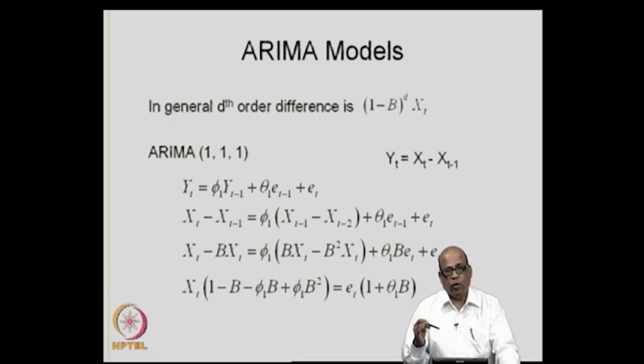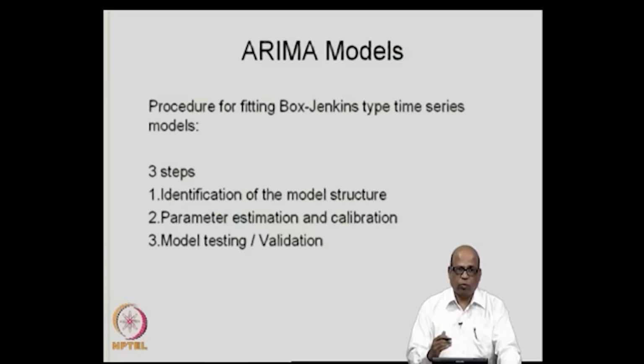So, in general for an ARMA PQ model, for example, you will have P parameters to estimate for the AR terms and Q parameters to estimate for the MA terms. So, once you write the model structure, you come to the second question of parameter estimation. You need to estimate the parameters and then calibrate the model. What do I mean by calibration?